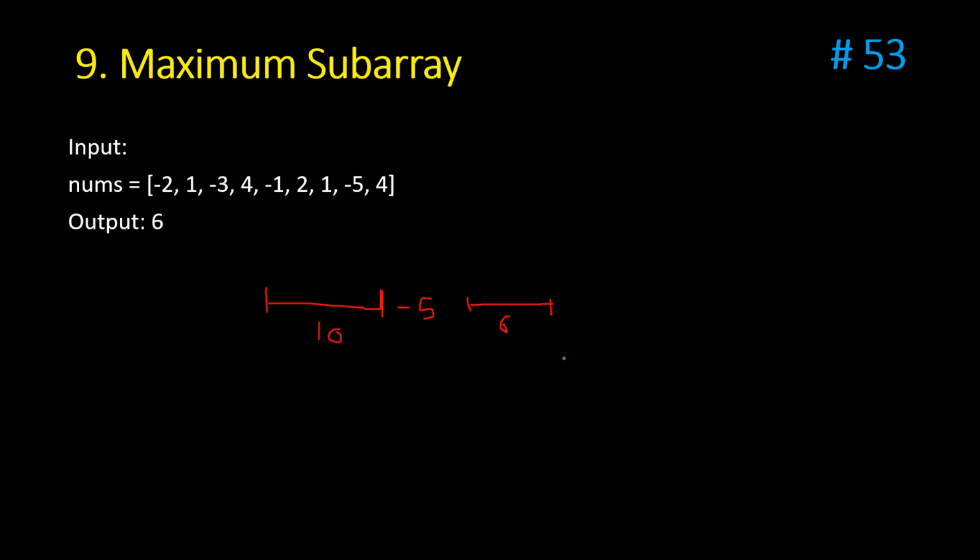If you add everything, you have a net plus 1, so it will be 11. But let's say this was 4, this subarray is 10, and this subarray is minus 5. Then you will not add all of these. You will pick this one. That's how you have to find the maximum subarray, and this is LeetCode number 53.